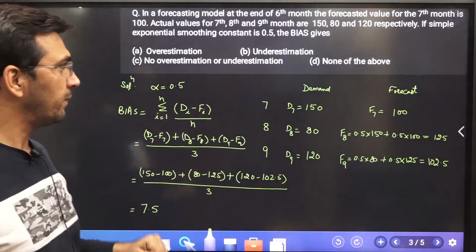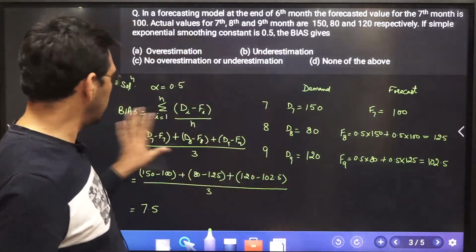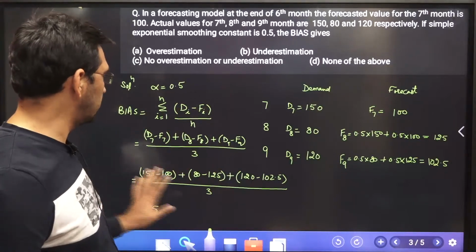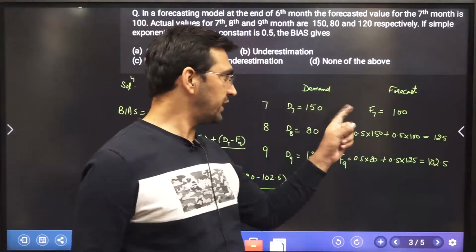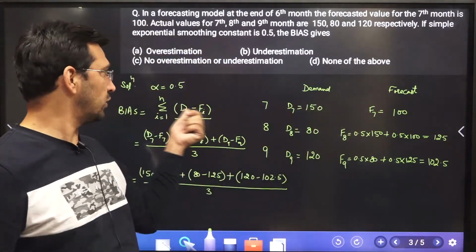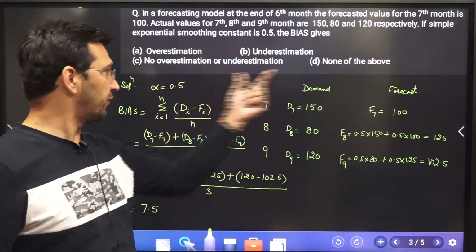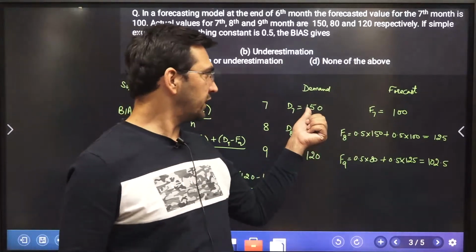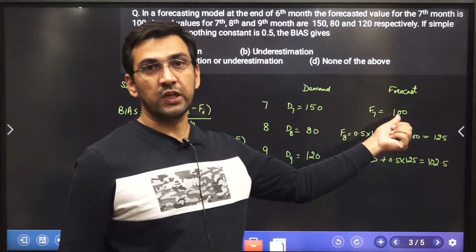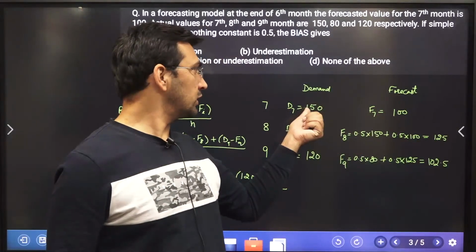Let's forget about the total values that we are calculating over here. Let's simply say I take one value only, this one. I'm taking the difference; this was simply the summation of all the differences. For this period, the 7th period, your forecast was 100 units, whereas demand was 150.